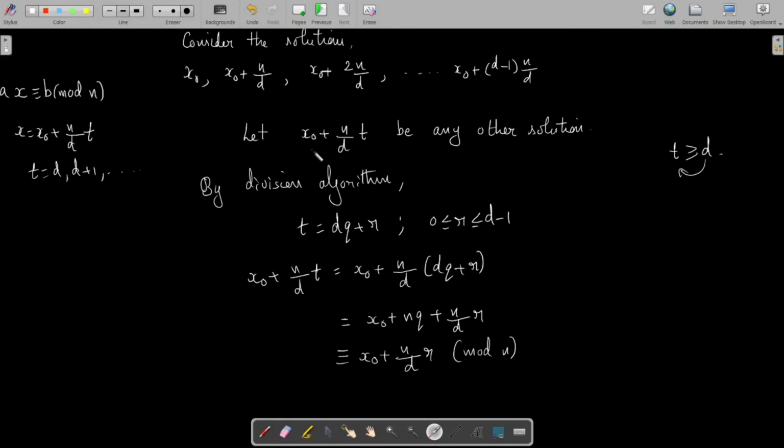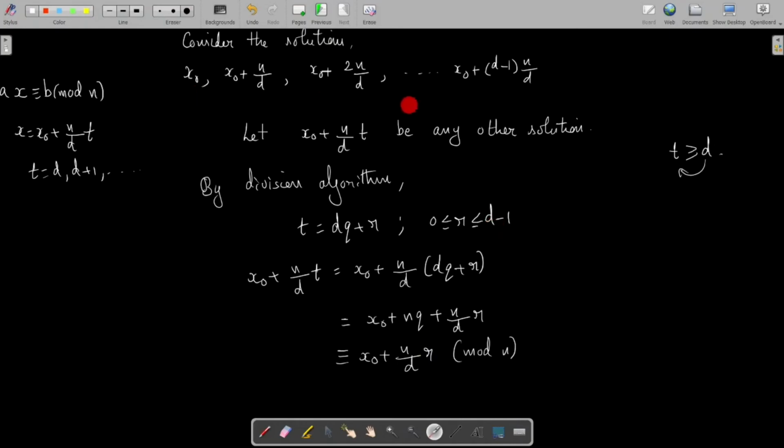That is, the solution x0 plus n by d into t is congruent to x0 plus n by d into r mod n, where this r lies between 0 and d minus 1. That is, this solution x0 plus n by d into r is one among the solutions in this list, because here r is lying between 0 and d minus 1.